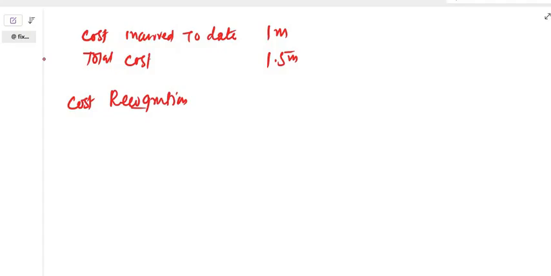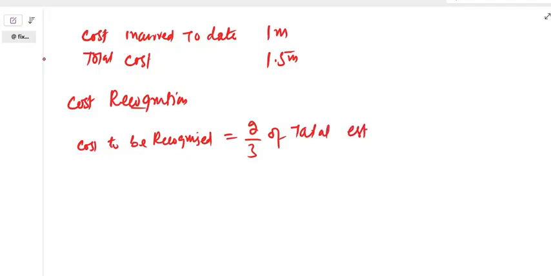Now cost recognition is simple. The cost to be recognized is 2/3 of the total estimated cost of $1.5 million.